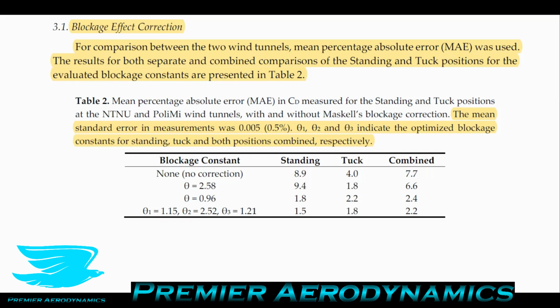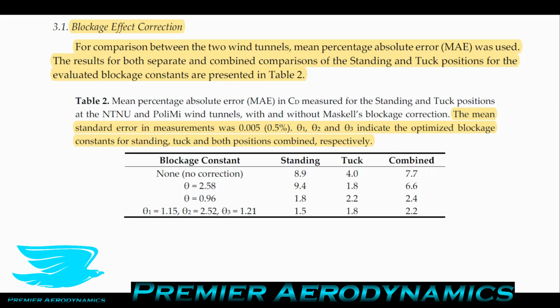And they have different thetas, which were optimized blockage constants for standing, tucked, and both positions combined. So what they say here is, depending on the skier's position, the theta that you should have is different. And this is a very good result because it agrees with theory, where if you have a different geometry, that's going to have different flow physics, and your theta is not going to be the same.